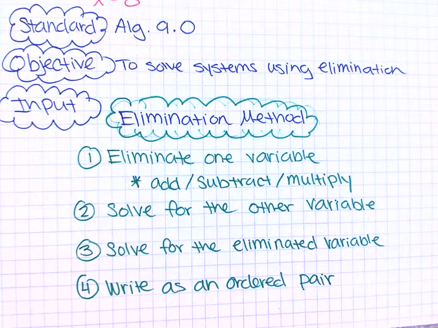Four steps. Eliminate one variable by adding, subtracting, or multiplying. Solve for the other variable. Then solve for the one you eliminated, and then write it as an ordered pair.